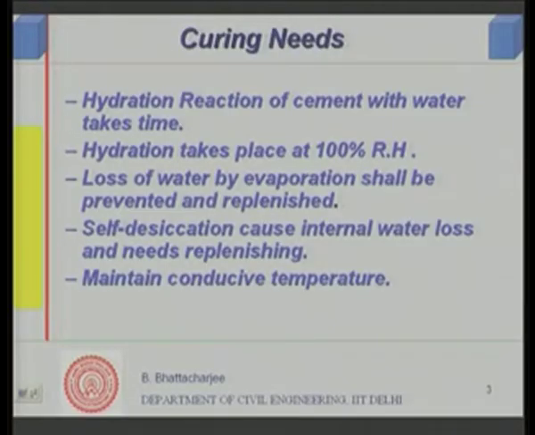Now, sometimes it may also be needed to maintain a temperature, because concreting at very high temperature is not desirable. We do not want to concrete at a very high temperature, or even after you have cast the concrete, we would like to control the temperature, especially in tropical areas or hot and dry conditions, and there we may have to maintain the temperature of the concrete through replenishment of water or by supplying water.